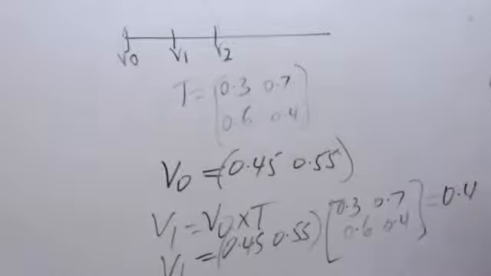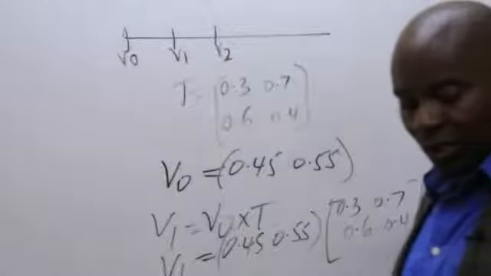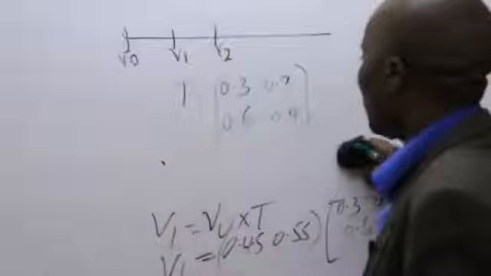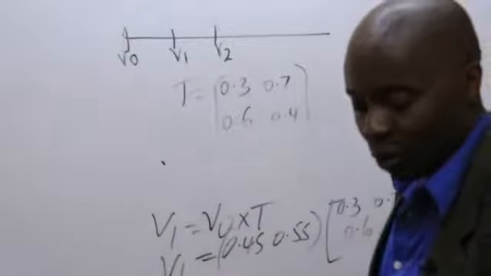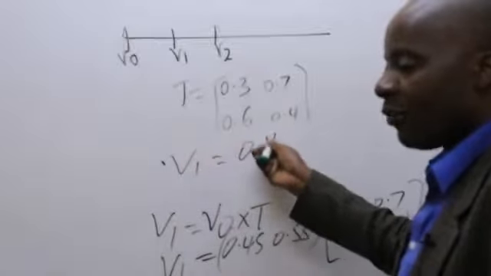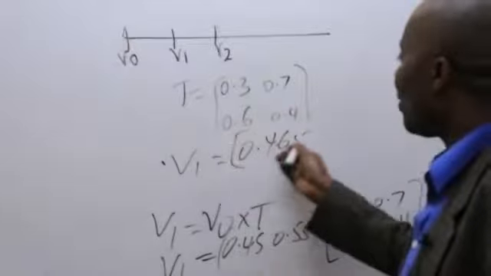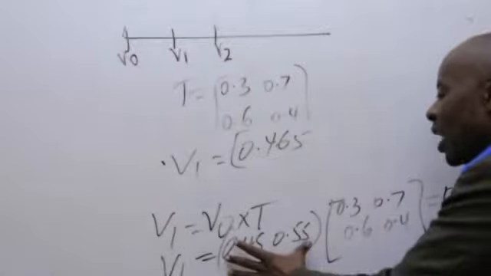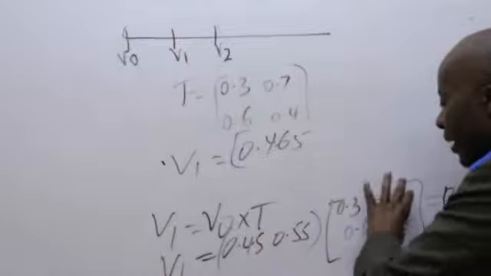According to Dahir, the first component of vector 1 is 0.465. How about the second component? How do I get the second component? To get the second component, I will take this row by the second column.